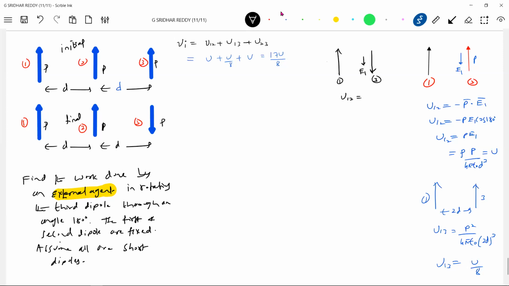Only 1, 3 will change. Is it okay? Only 1, 3 will become minus U by 8. So this will become 17 U by 8.